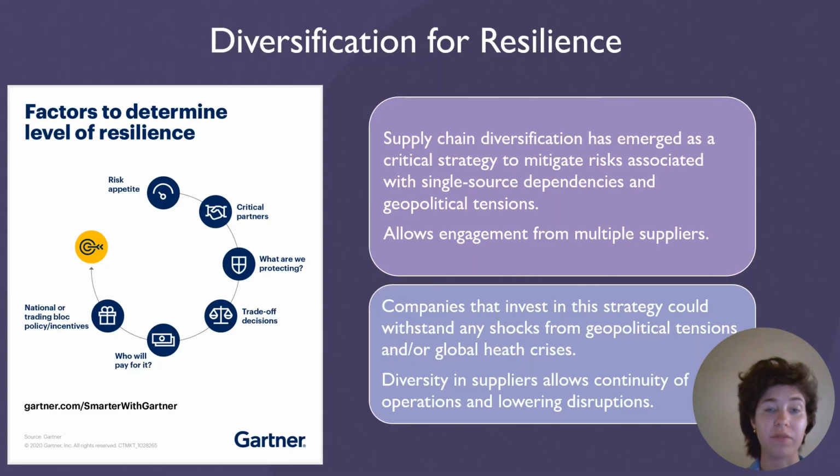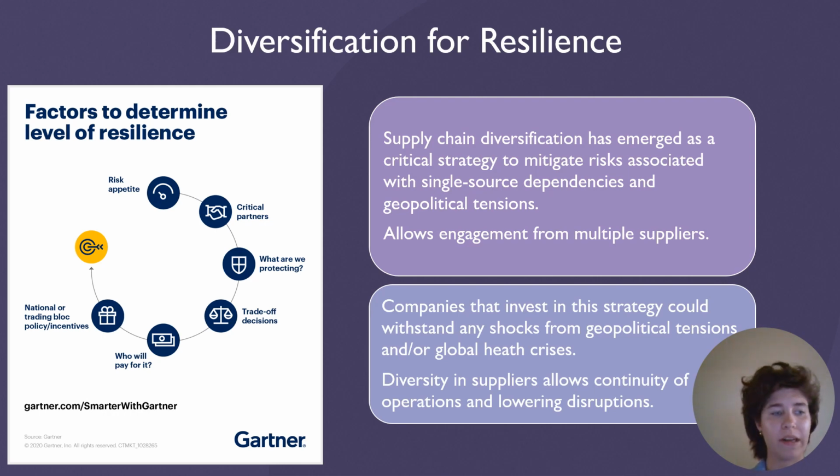So for diversification for resilience, let's imagine having all of your toys in one room, and then suddenly there's a big storm, and you can't go into that one specific room anymore.